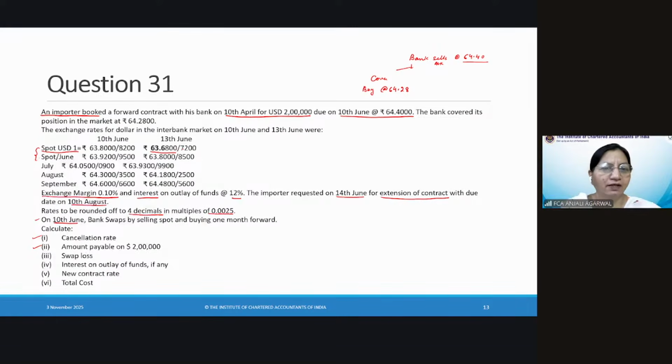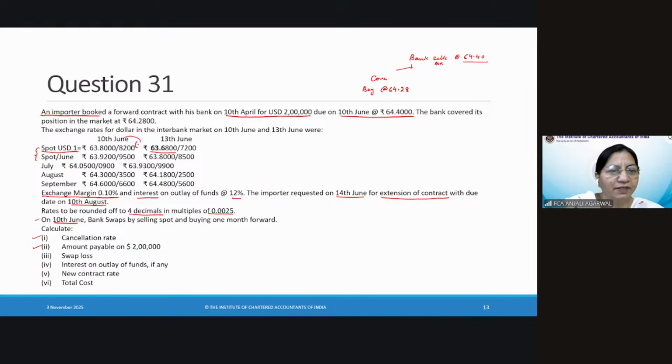Okay. Whereas this is the rate for June forward, the 1 month forward, when the June will end. Like you have spot, July, August, September, which means forward rates for July end, August end, September end, right? But in the table, it's 10th June and 13th June given. So it will be for all the table, no? Like 10th June, 10th August, 10th September. Okay, I'll make this change here.